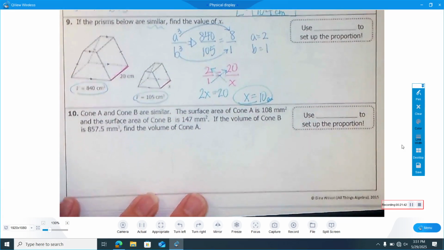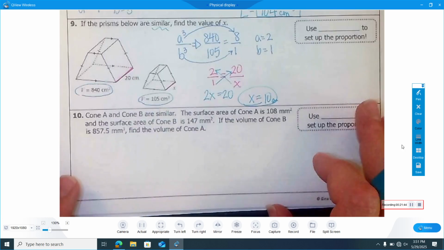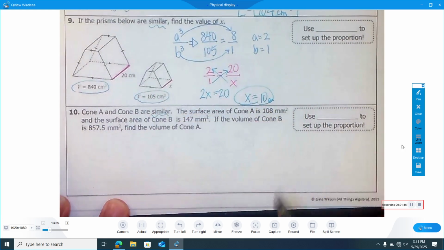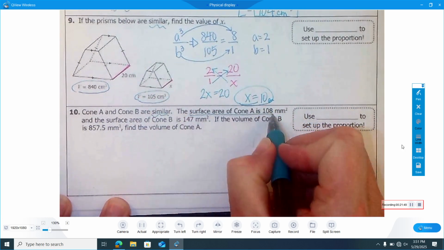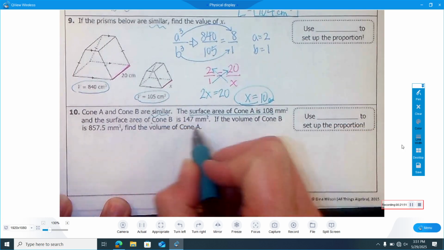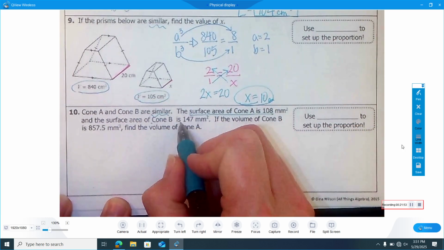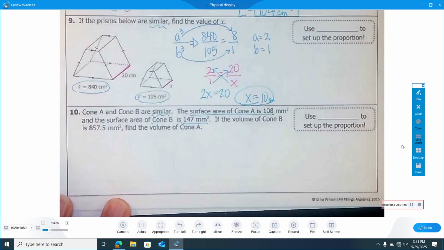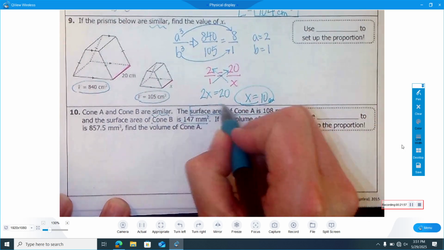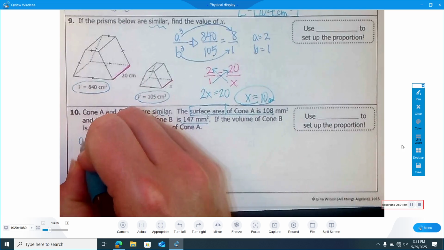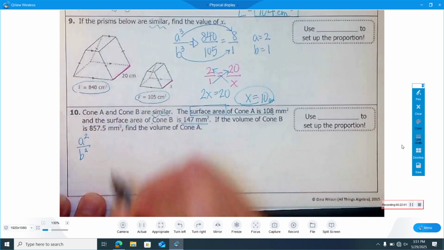Almost done. One more. Cone A and cone B are similar, and the surface area of cone A is 108, and the surface area of cone B is 147. So since we're using surface area, I'm thinking about A squared over B squared.